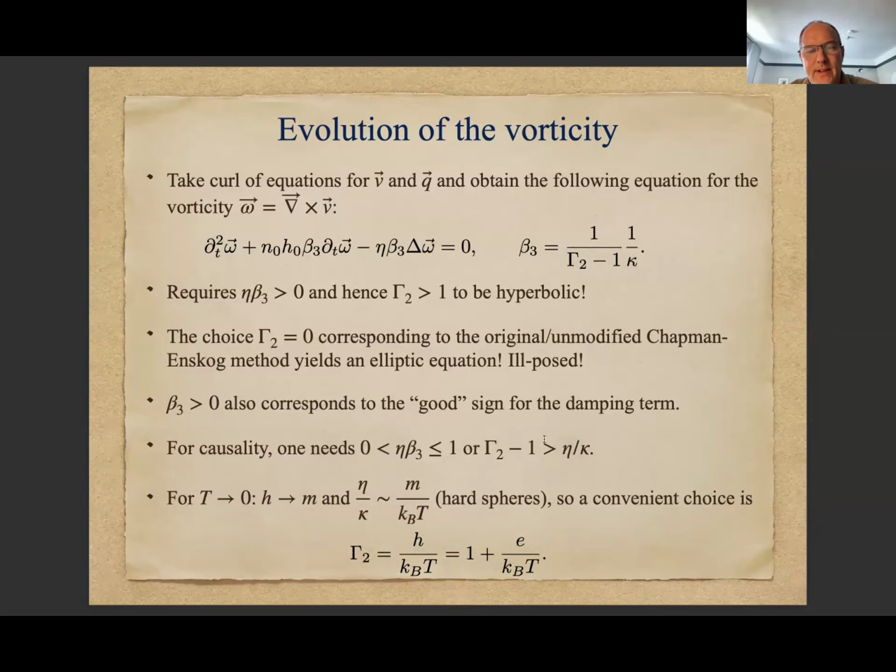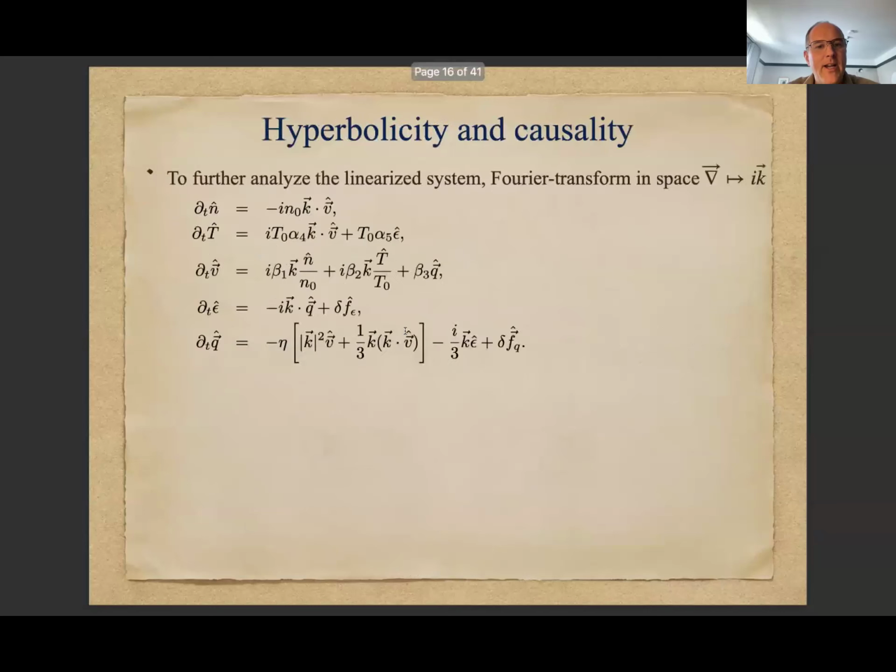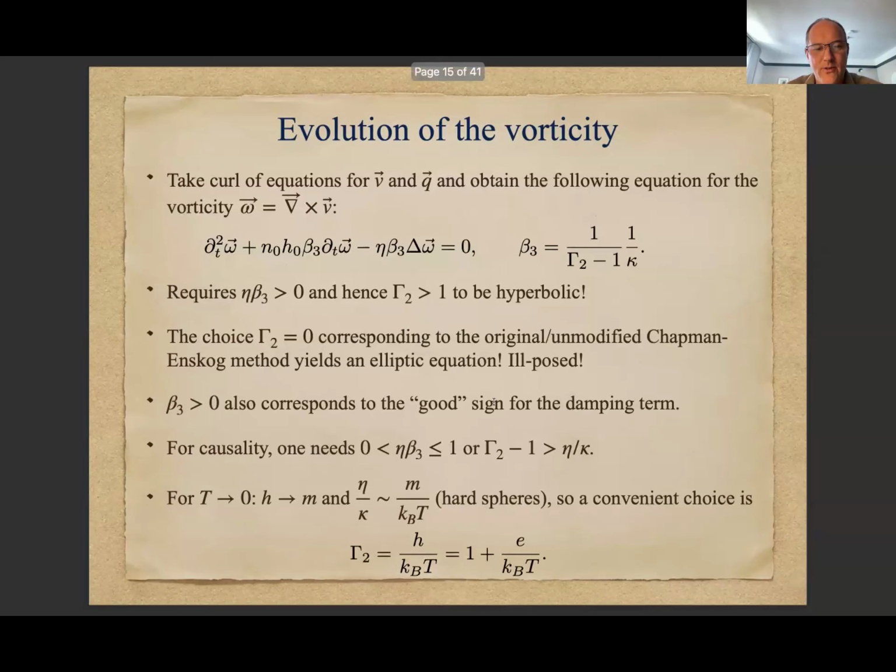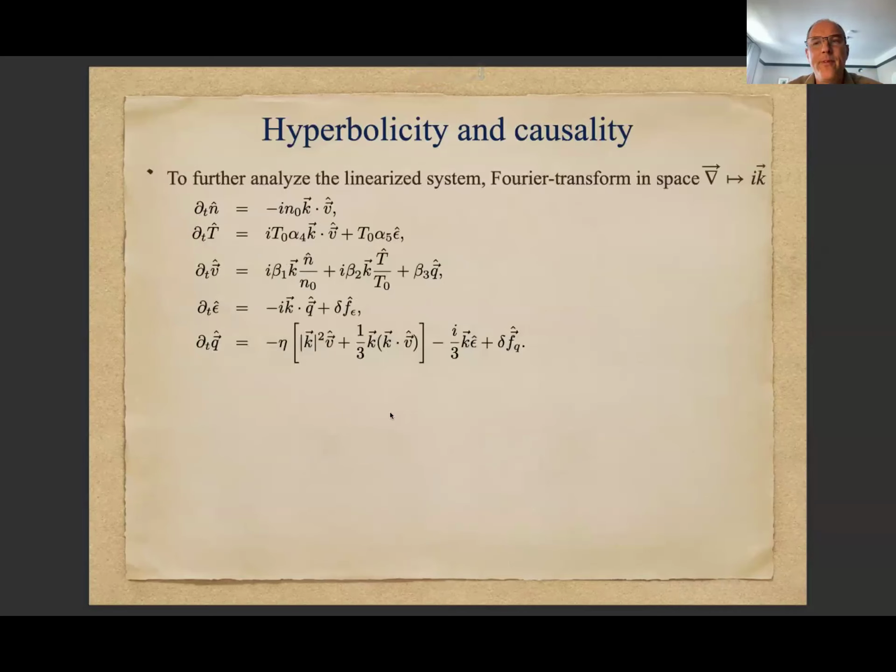And then this certainly satisfies this condition for causality, or for the vorticity evolution. So that gives you a very good hint of what you should do, and we're going to see that this is one of the key conditions that you need.